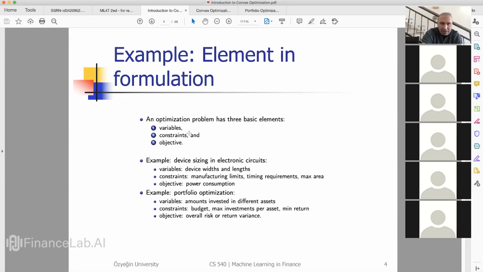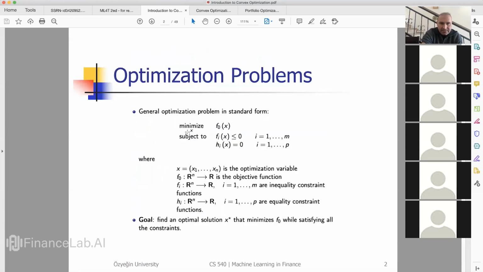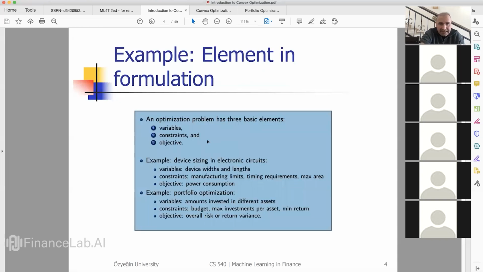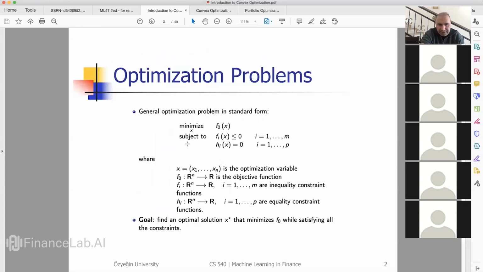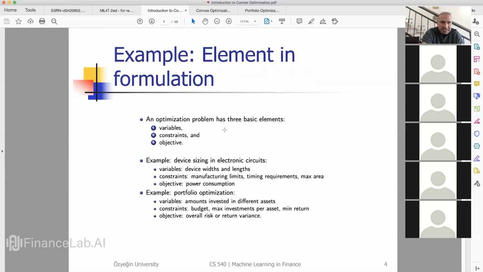The constraints are fi(x) and hi(x), expressed in terms of the optimization variables. And lastly, the objective here is f0(x). These three components define an optimization problem. If you look at some of the examples, first is device sizing in electronic circuits.